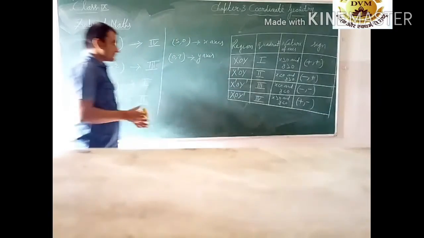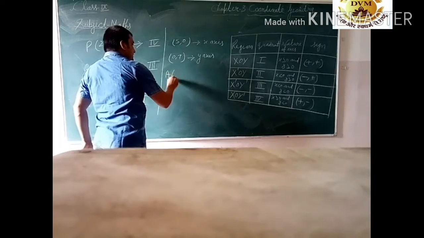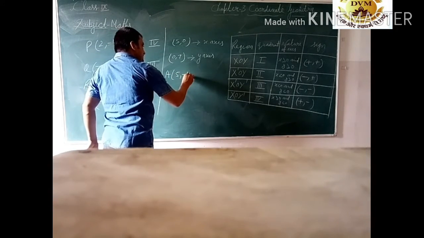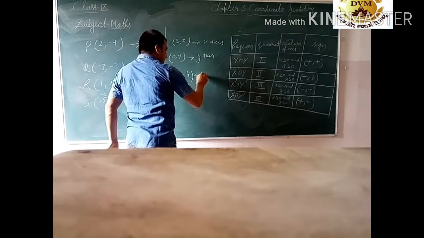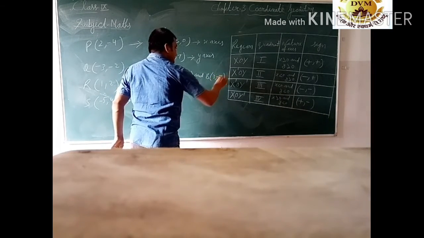Clear? Or another example: suppose that point A is (5, -4) and point B is (3, -7).